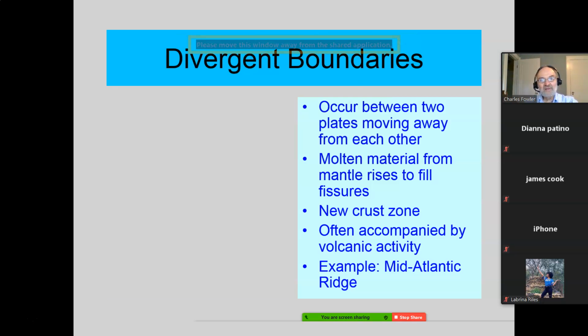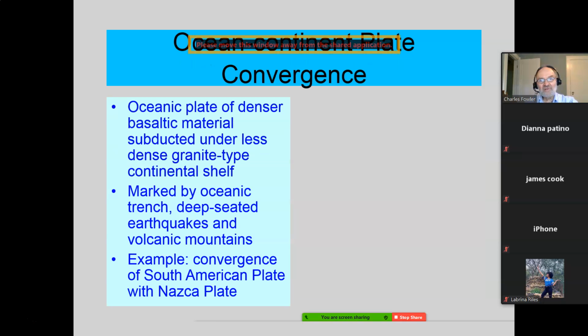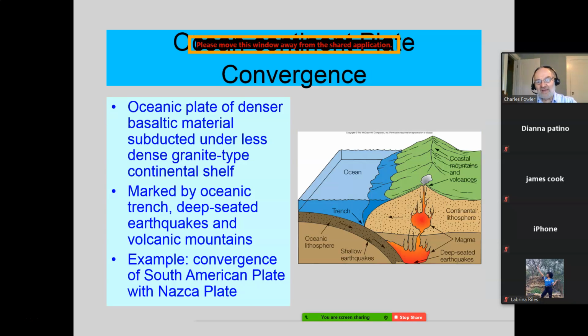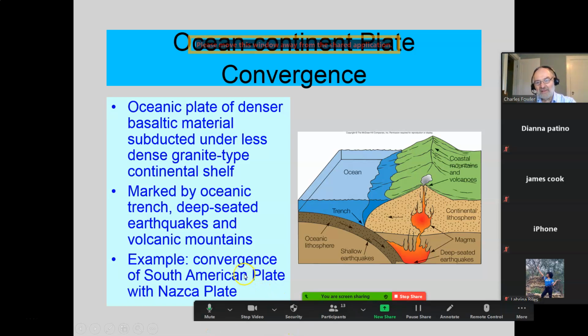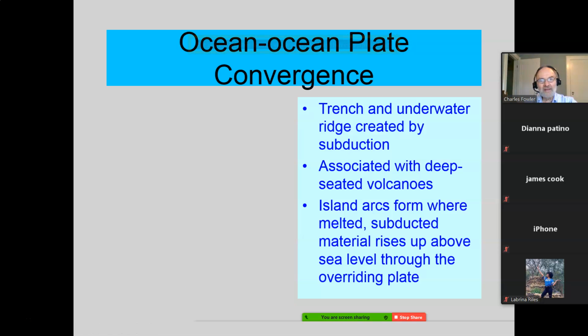Okay, so those are convergent. Okay, I think I jumped ahead. Yeah, this was the example of convergence of the South American plate, the continental plate, over the subducted Nazca plate, oceanic plate. Okay.